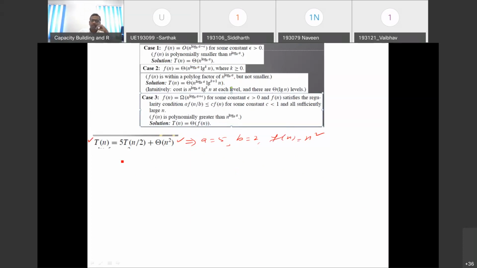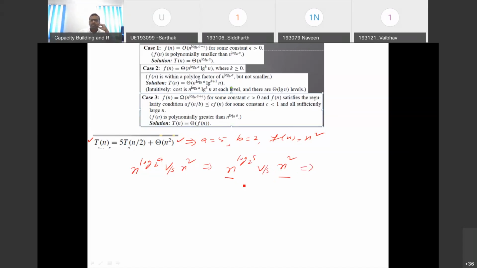We need to compare n raised to the power log a base b with f of n, that is n square. So n raised to the power log 5 base 2 versus n square.